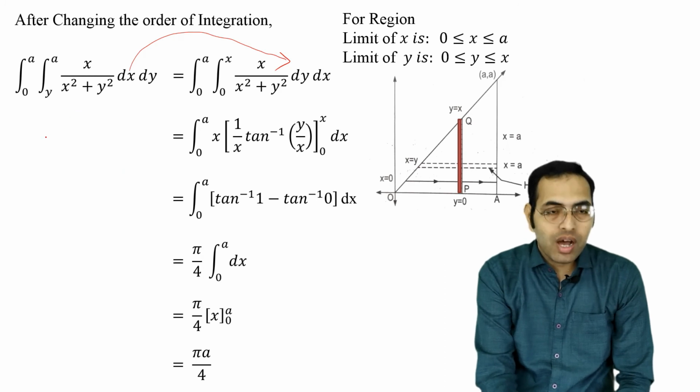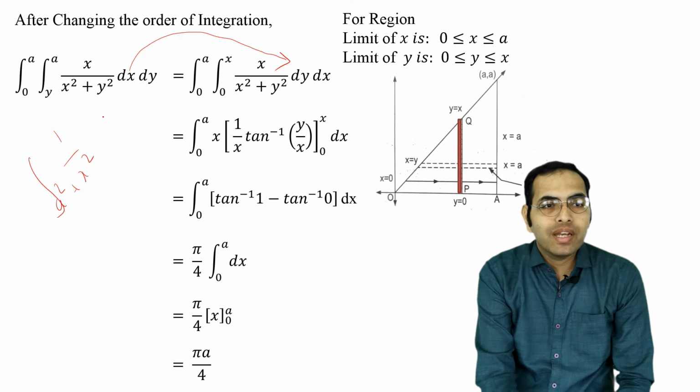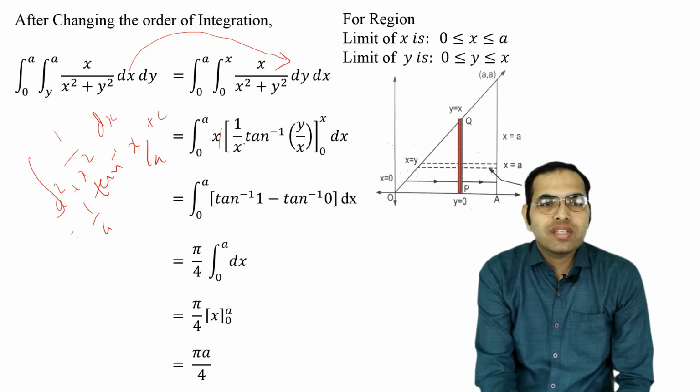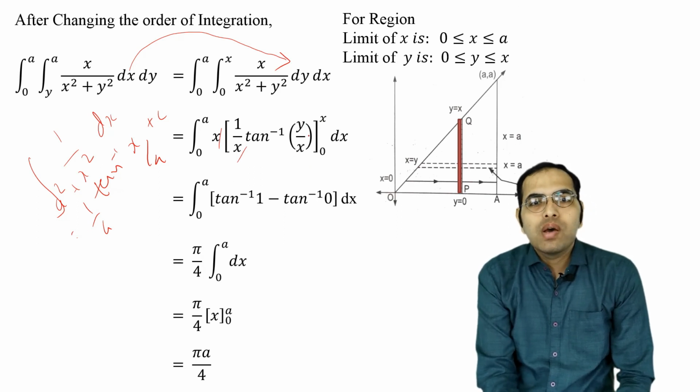We have the formula: integral of 1 upon a square plus x square is 1 upon a tan inverse x by a plus c. With the help of that formula, 1 upon x tan inverse y by x, here x cancels out, then upper limit minus lower limit, again x cancels out, that gives tan inverse 1 minus tan inverse 0.